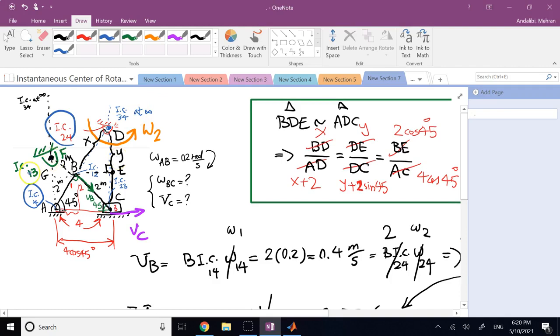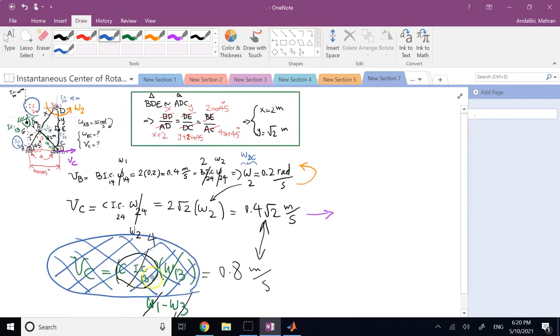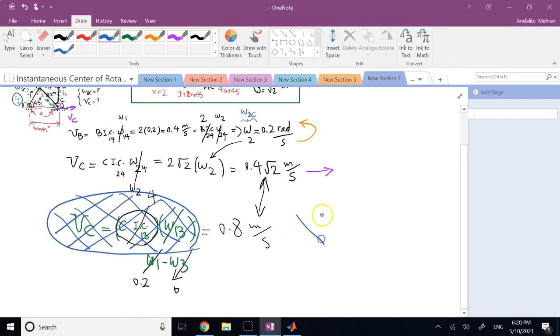But 1,3, since the reference of 1 is not 4, is 3, which itself is moving and is not stationary, I'm not able to use this formula. Okay, so this formula is wrong. This is not going to work, so I'm not going to use this.